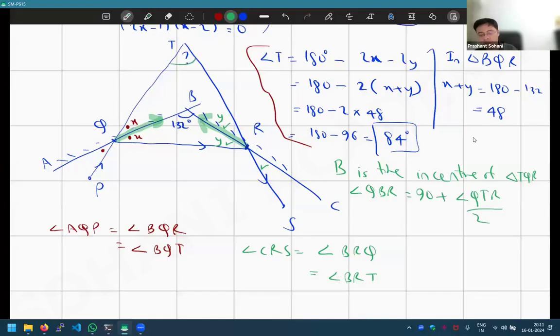So whatever this angle is, half of that plus 90 degrees is the middle angle. So if somebody knows this, they can skip one or two more steps, because now we can directly write 132 is equal to 90 plus T by 2. And if you simplify this, you are going to get T is equal to 84 directly.